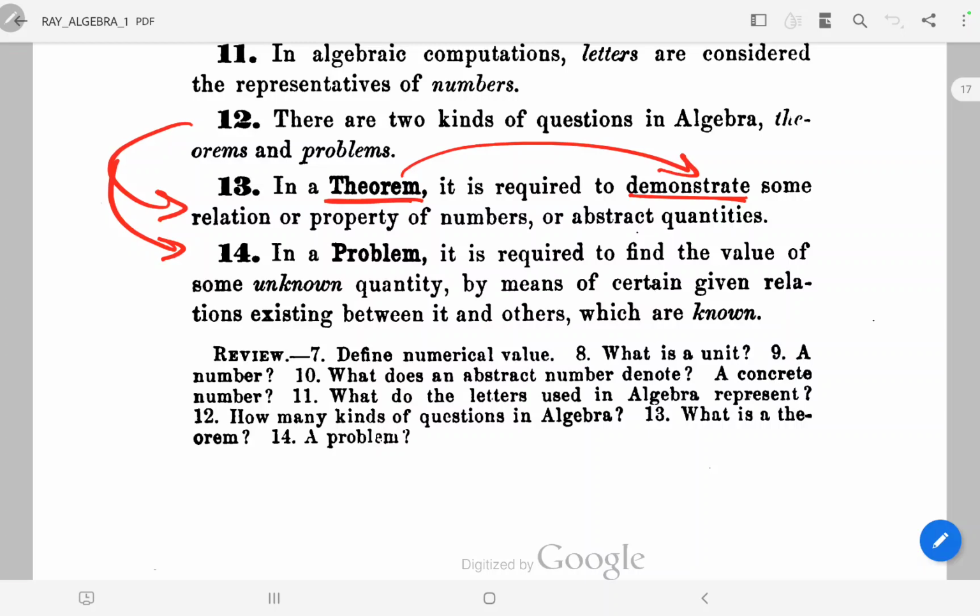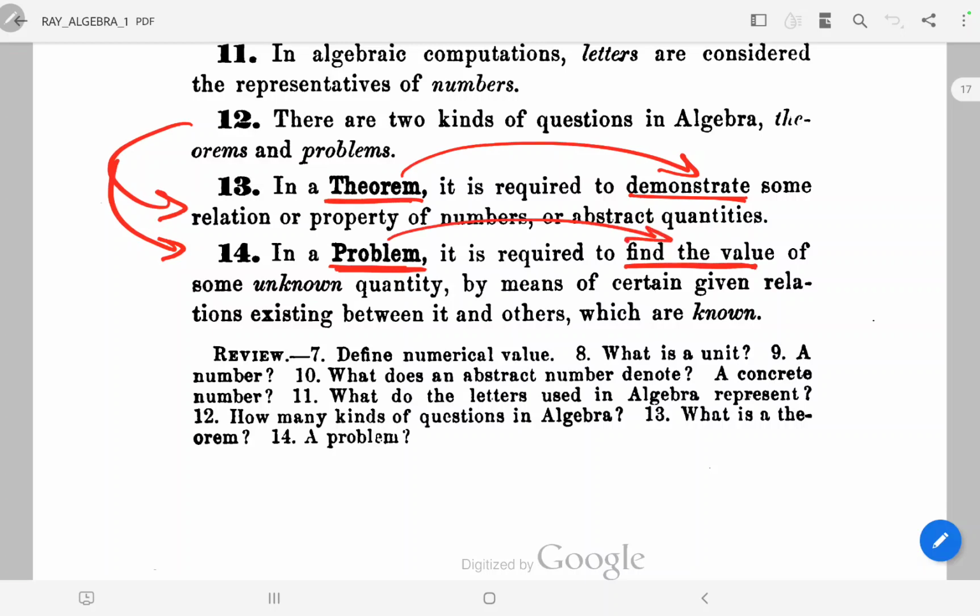The second kind of question in algebra is a problem. In a problem, it is required to find the value of some unknown quantity. So in a theorem, it's required to demonstrate something.